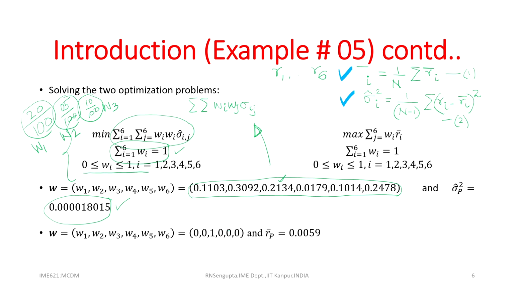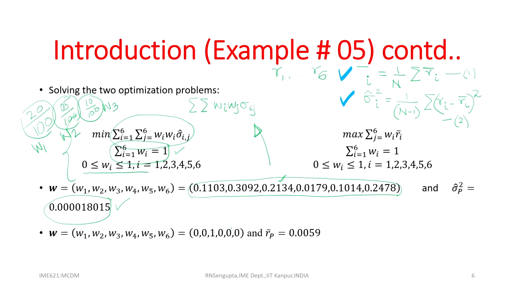Now, if you remember, I mentioned that in portfolio optimization problems, the idea is always to reduce the variance risk and increase the return. Obviously, in the first optimization problem, the second idea of increasing the returns is not considered. So, if I want to find out the return for that minimum value of variance, those values of weights which were found can be substituted to find the overall portfolio return.